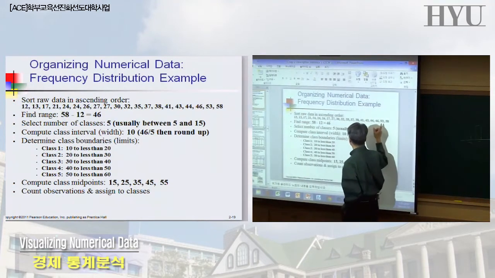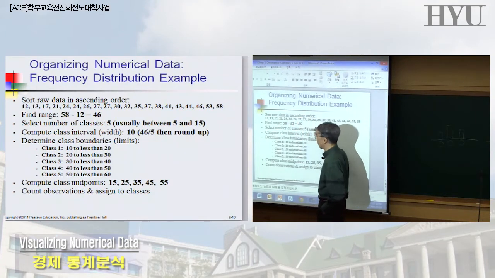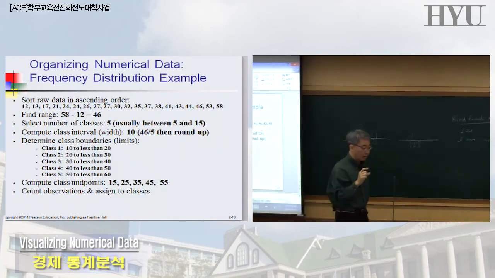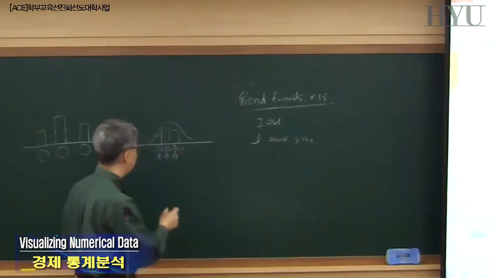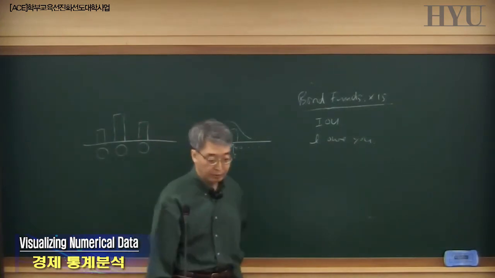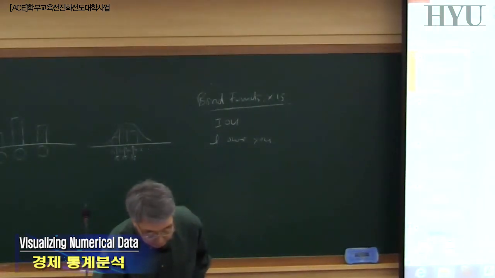What's the maximum number? And you divide the range by the number of classes you want, okay? And then you will come up with the class width, okay? So we're trying to come up with these boundaries, lower and upper boundaries for each bar or each class, okay? And in Excel, we call it bin.